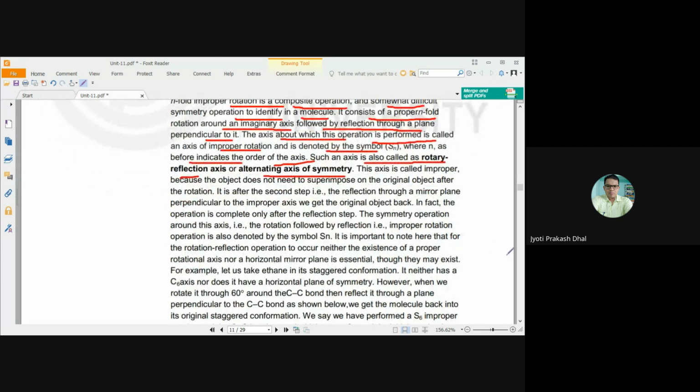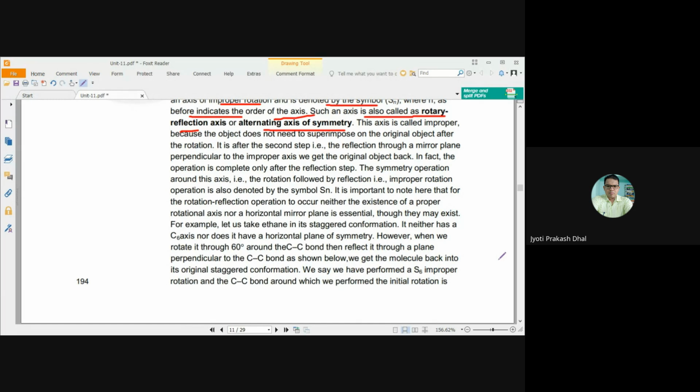The axis is called improper because the object does not superimpose on the original object after the rotation. It is only after the second step. That means the improper axis of symmetry is the combination of two different steps.